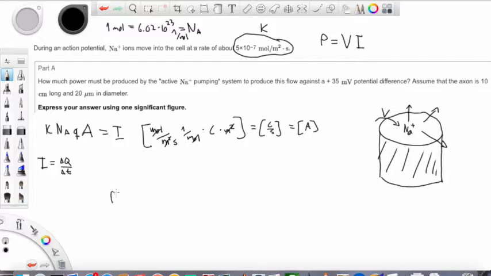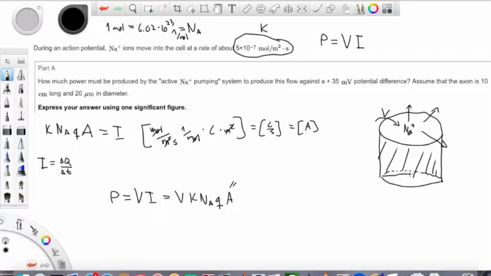Now we are ready to calculate the required power. So it's going to be the voltage times the current. So current comes from here: K times NA times Q times A, that is I. And what is this? This is the surface area of this cylinder.